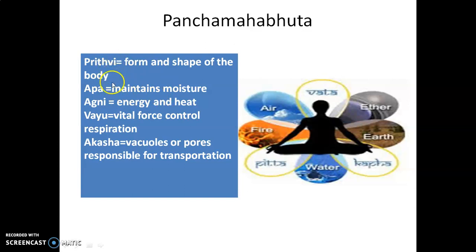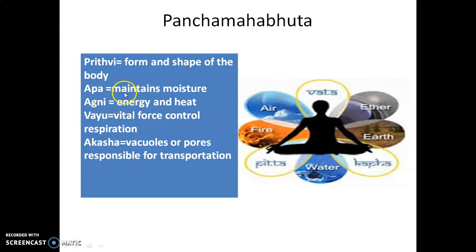Prithvi, the basic role of Prithvi in the body is to form the shape of the body. So this is the musculoskeletal part of the body, or anatomical structure of the body. Apa or water maintains moisture, liquidity, lubrication of the body, and that may be considered as blood or other tissues or the humors that lubricate the different joints and other parts of the body.